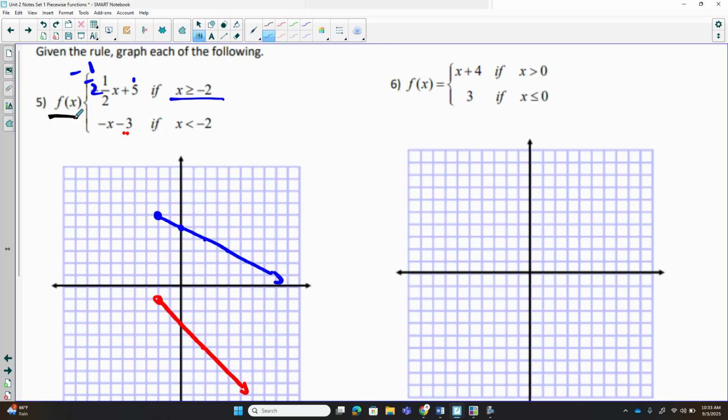What does f of x stand for? Function. It's a function. So it has to pass the what? Does that pass the vertical line test? If your function doesn't pass the vertical line test, then you've got a mistake. And in this case, this is saying everything less than negative 2. That is the other direction. It should have been an open circle going that way.